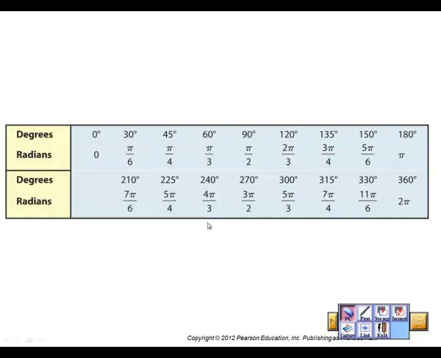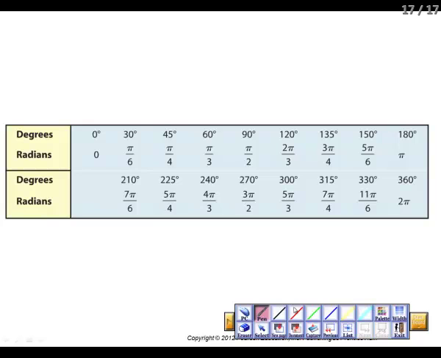This is a conversion chart from degrees to radians. Now, if you look on here, you can see from 0 to pi, 90 degrees would be half of pi, so that's pi over 2. Well, 45 degrees is half of that.